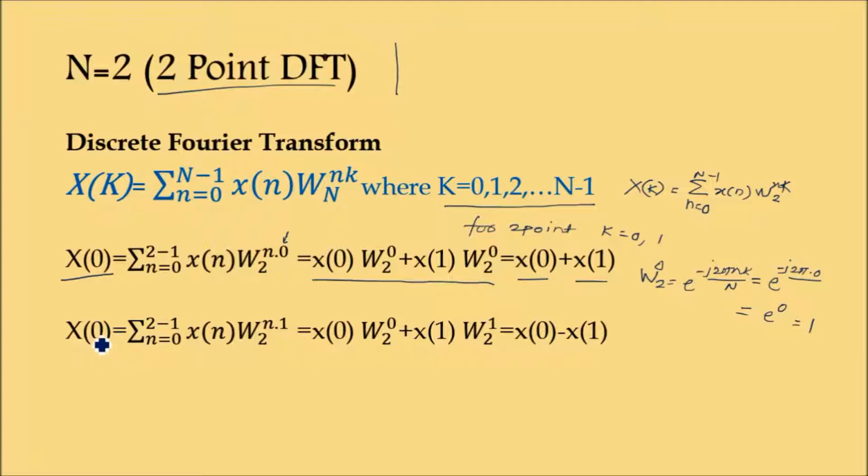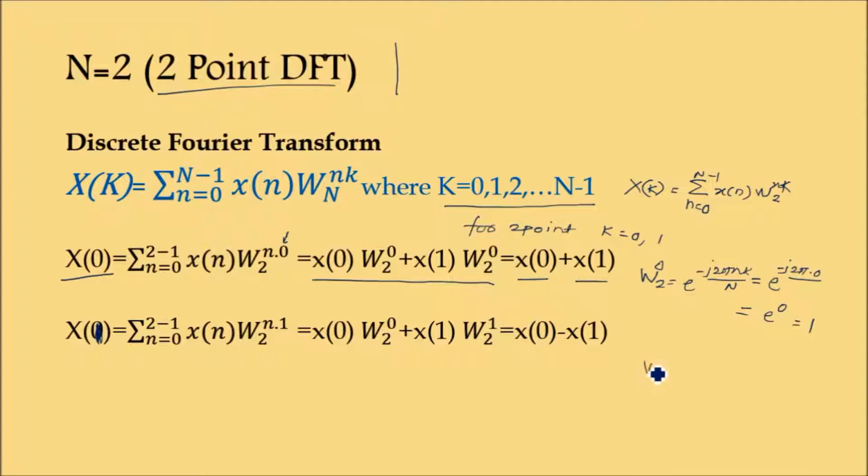Now put k equal to 1. So X(1) is equal to the summation from n equal to 0 to N minus 1 of x(n) W raised to n into 1, where the k value is 1. After putting it, it will become W_2 raised to 0 and W_2 raised to 1.